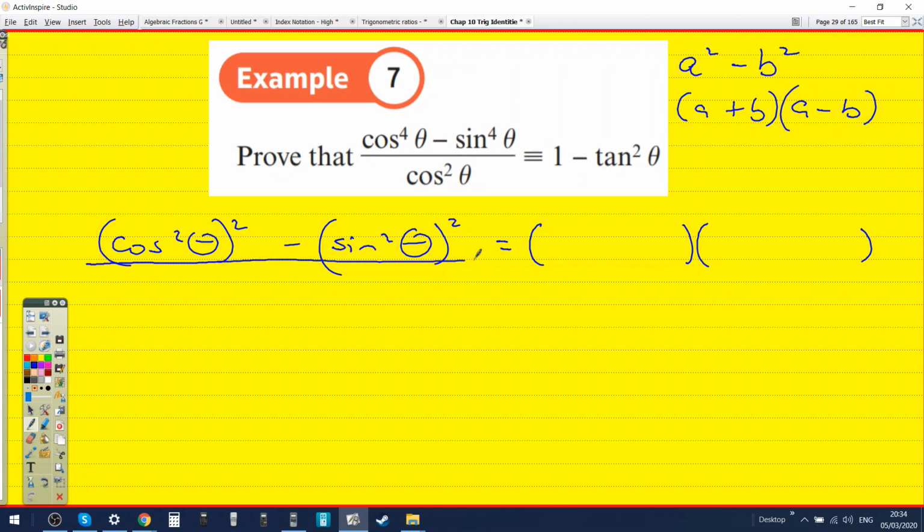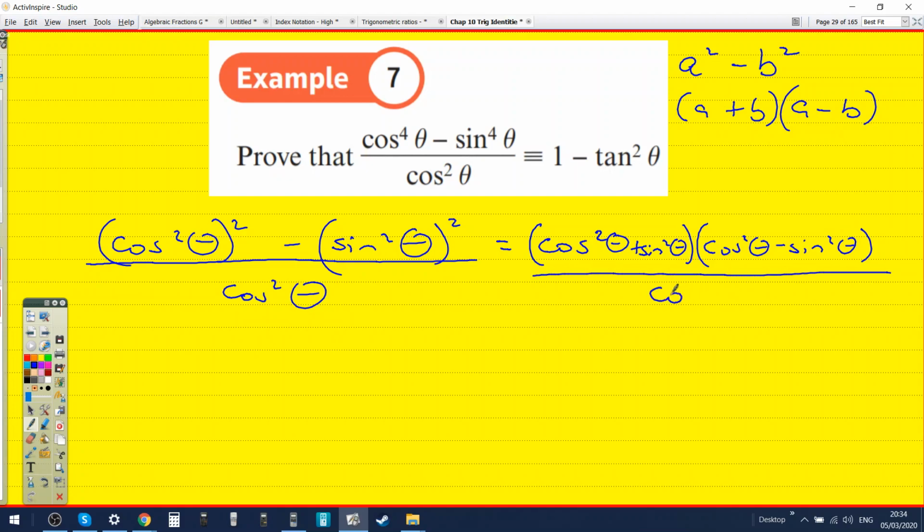Okay, so then this would become cos squared theta plus sine squared theta, times cos squared theta minus sine squared theta. And what could you do there? And it's still over cos squared theta.